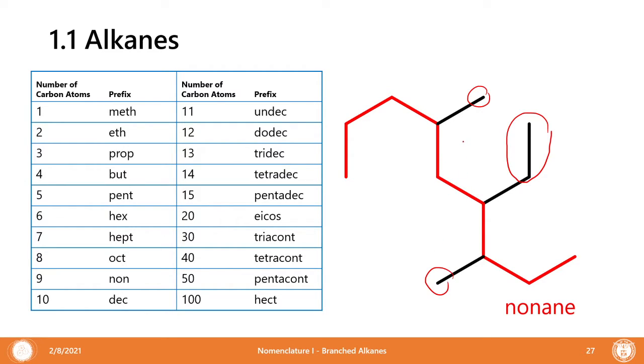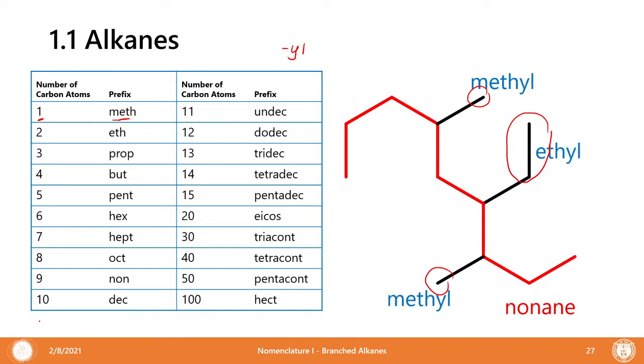For example, this carbon is just a singular carbon that's connected to this parent chain. So we have a 1 carbon substituent, and so we will use 1 carbon meth. And then we will attach a suffix that denotes that it is a substituent. So we will use the suffix -yl. So this carbon that has one carbon connected to the parent chain, we will use methyl.